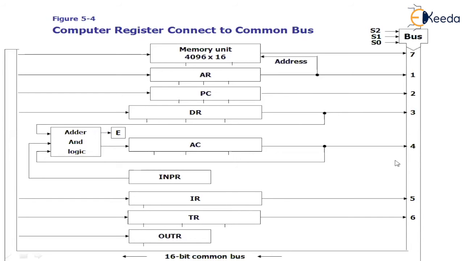This synchronization is taken care of by the control unit. For an example, in T0, program counter should make a transfer to the address register. Control unit ensures that only these two registers are selected, none of the other entities are selected.